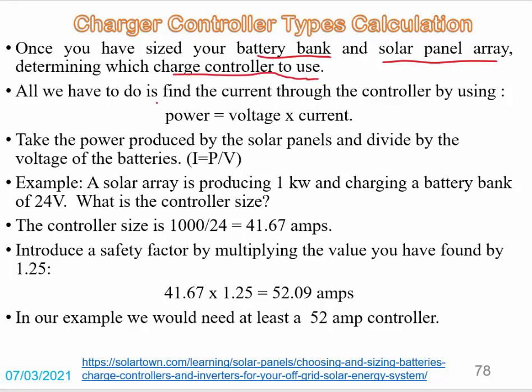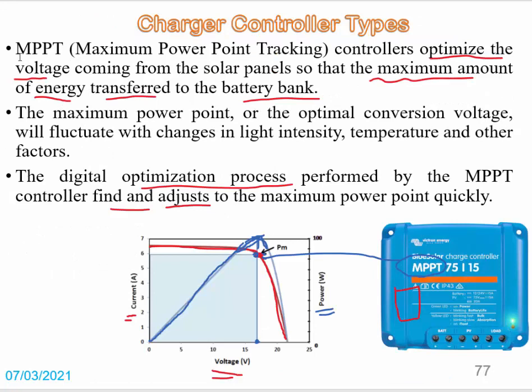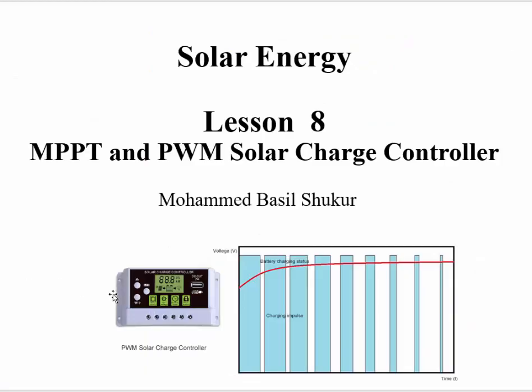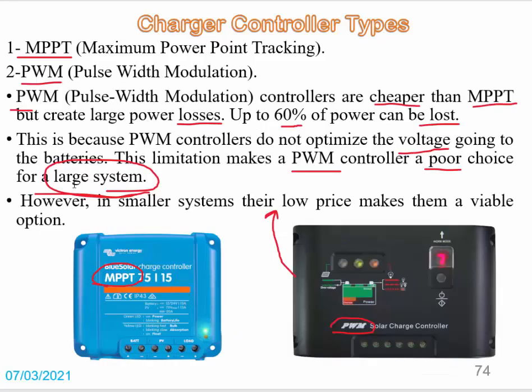Which type do we use: the MPPT, or the other type, which is the pulse width modulation, the PWM? As I explained in the previous lesson, if we have a large system, we use the MPPT, and if we have a small system, we can use the PWM.